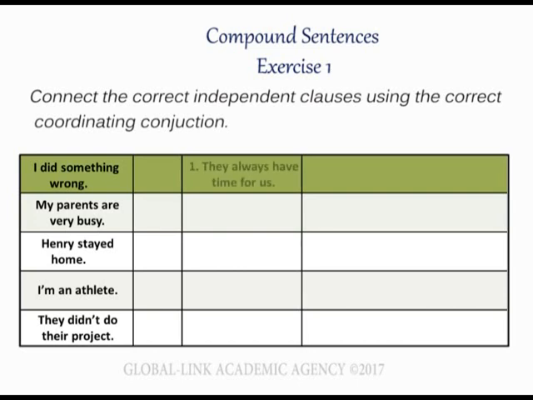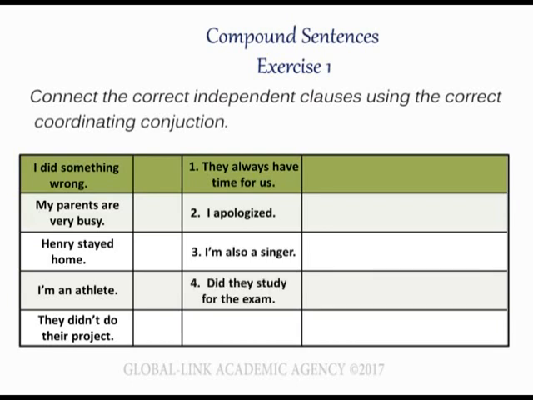The second one, they always have time for us. I apologized. I'm also a singer. Did they study for the exam? He's sick. The conjunctions that we can choose from are and, so, for, nor, and but.